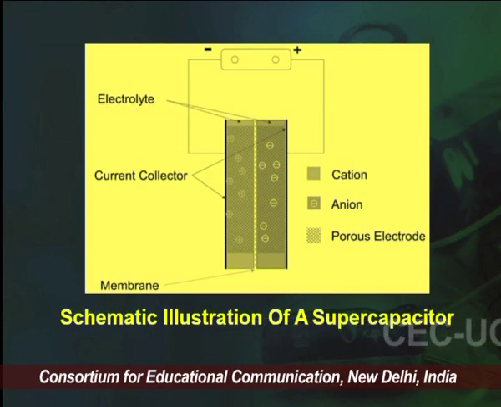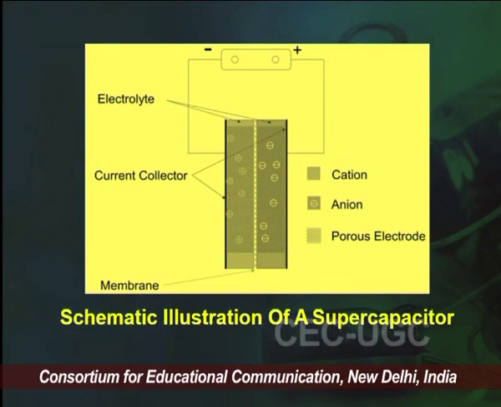When we prepare the supercapacitor, we use electrodes of various materials, depending upon the type of supercapacitor we are preparing. Here we have the two electrolytes, a current collector and a membrane, and it is connected with the battery, and this works as a supercapacitor. So this is the schematic illustration of the supercapacitor.